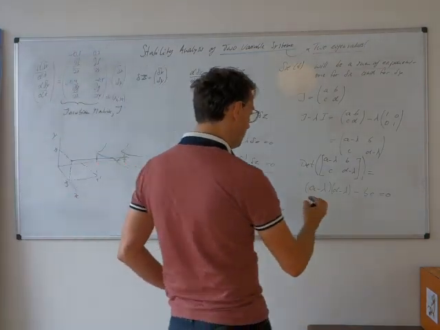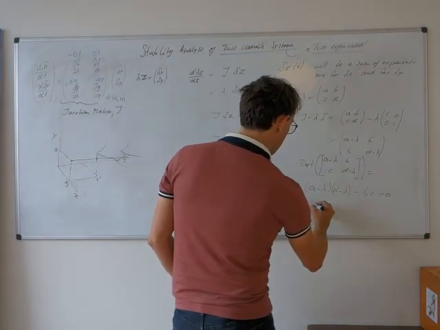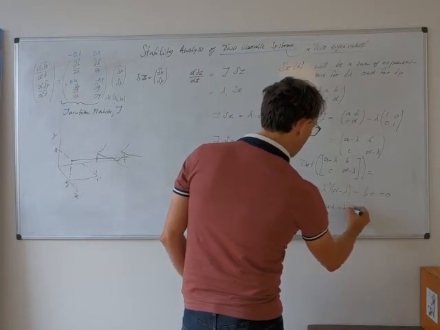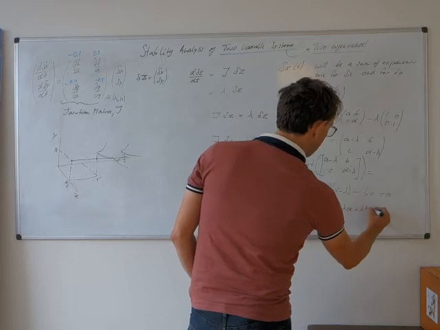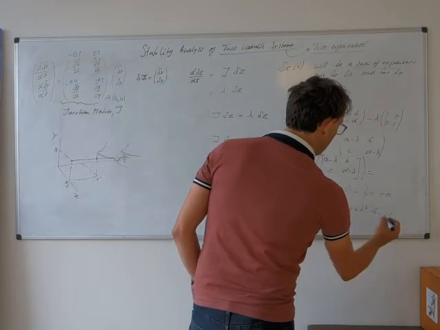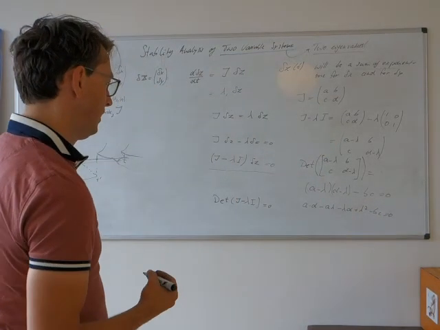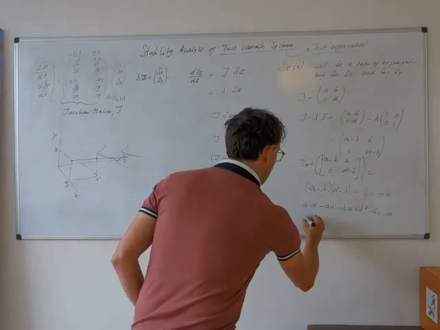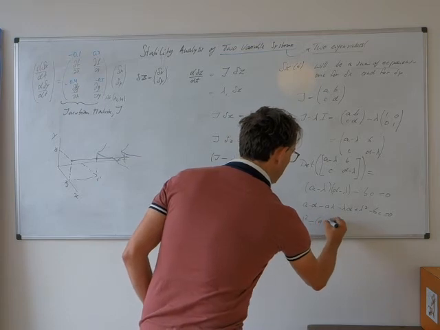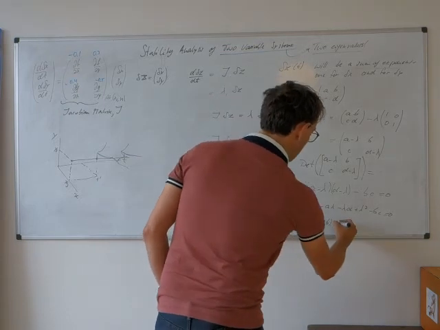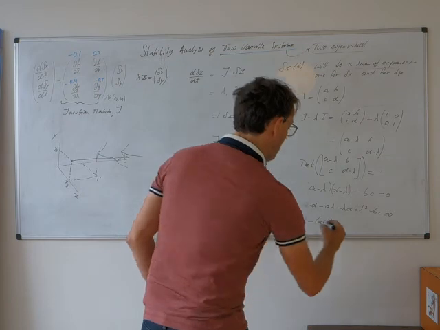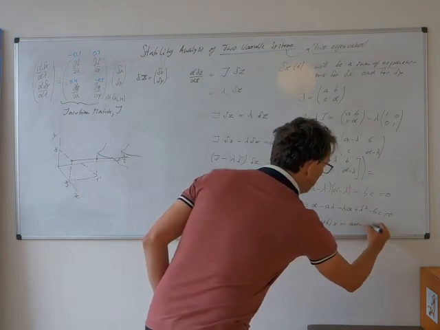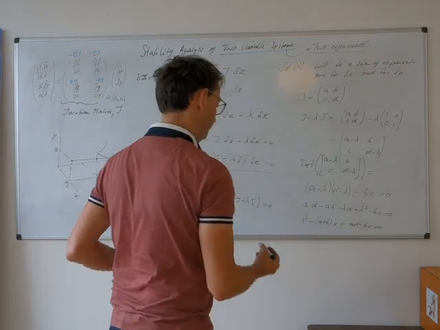So if you work this out, you get A times D minus A times lambda minus lambda times D plus lambda squared minus BC equals 0. Now if we collect all the terms that go together we get lambda squared minus (A plus D) times lambda plus AD minus BC equals 0.